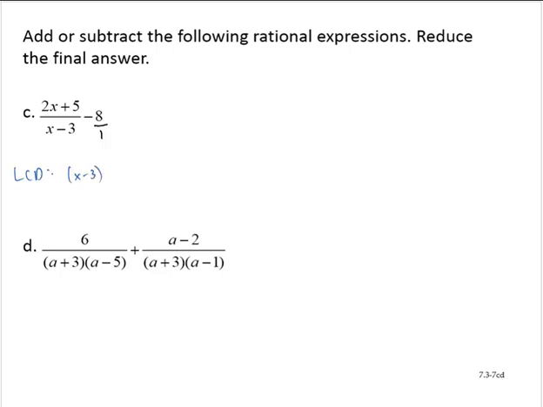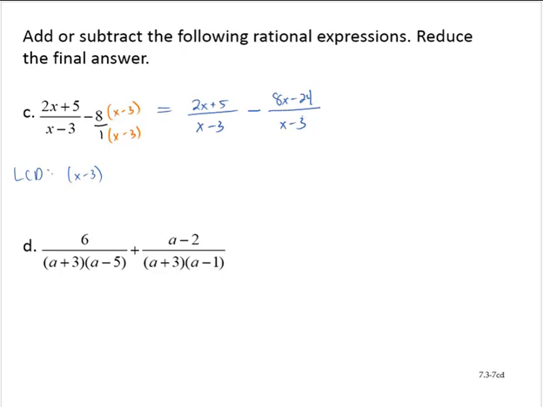So my second fraction is missing that factor of x minus 3. So that gives us equivalently 2x plus 5 over x minus 3 subtract 8x minus 24 over x minus 3.